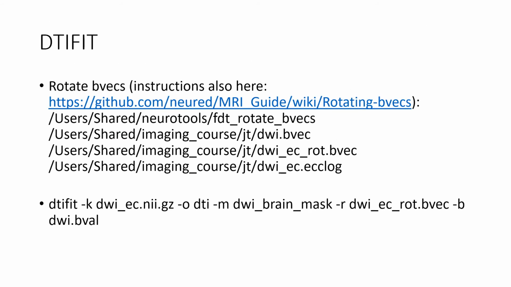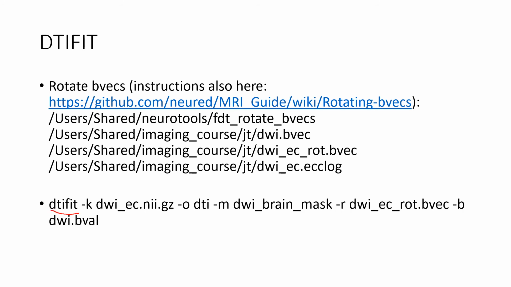And then the last step that we're going to walk through for our homework is what we call DTI fit. Now this is going to be calculating diffusion tensor parameters at every voxel in the brain. And in the brain, we're defining that based off of the skull stripping we did with BET. So again, we do our DTI fit.